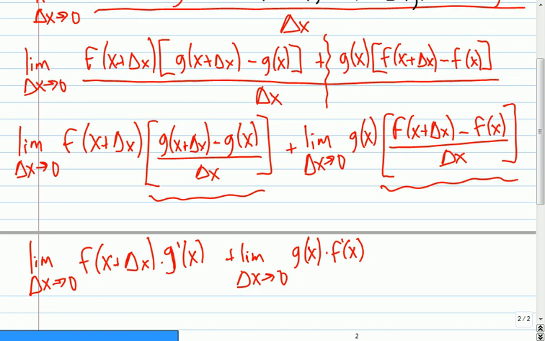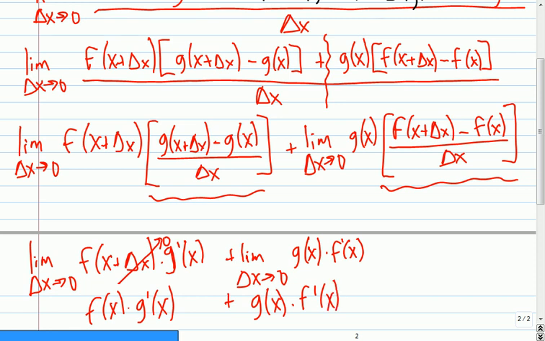So now, as delta x goes to 0, that means I just have f of x times g prime of x plus, well, there's no delta x's in here, so it would still be g of x times f prime of x.